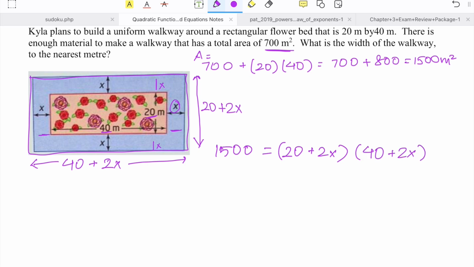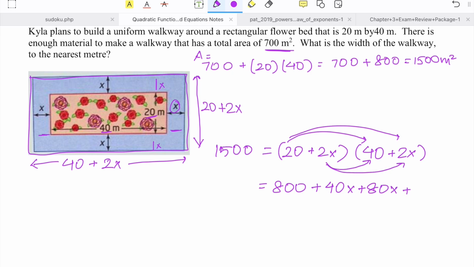We'll just expand it. So 20 times 40 is 800, plus 20 times 2x is 40x. And then 2x times 40 is 80x. Plus 2x times 2x is 4x squared. Okay? And then these are like terms, so we'll add them.